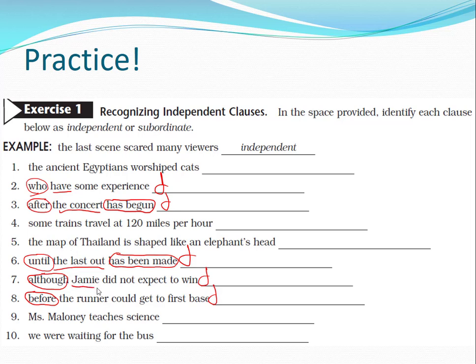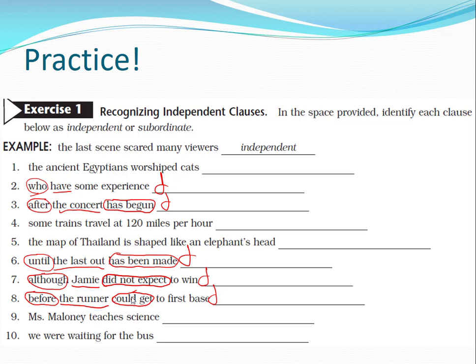For number 7, we have Jamie, subject, did not expect, verb. And for number 8, the runner is our subject, and could get is our verb. So at the end, all of them are considered clauses because all of them have a subject and a verb.